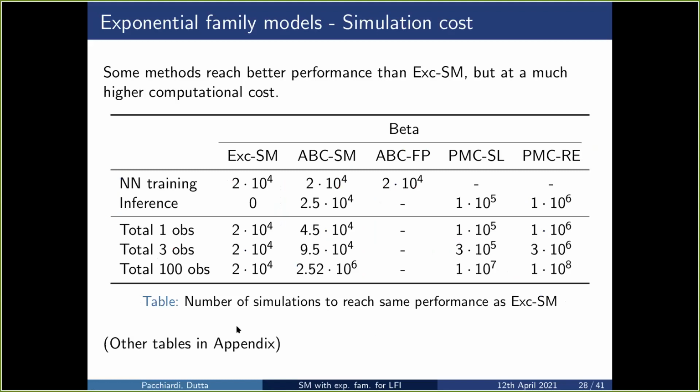One crucial point that I would like to stress again is that because it is amortized, if you have new observations, whether one new observation, 3 observations, or 100 observations, for Exchange SM the cost is basically negligible. For inference, it does not need any more model simulation. It's fixed.